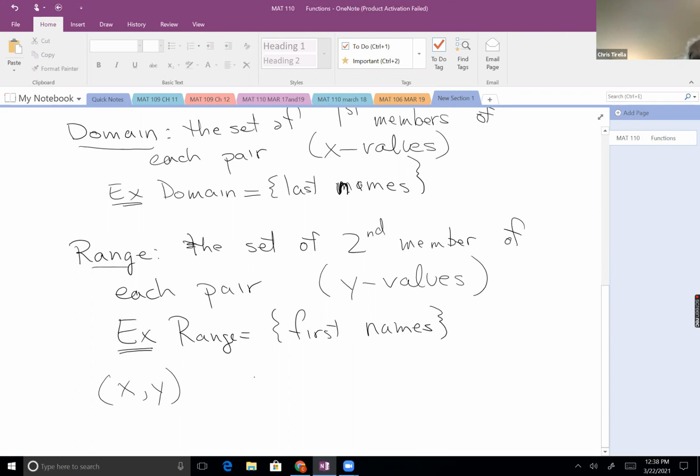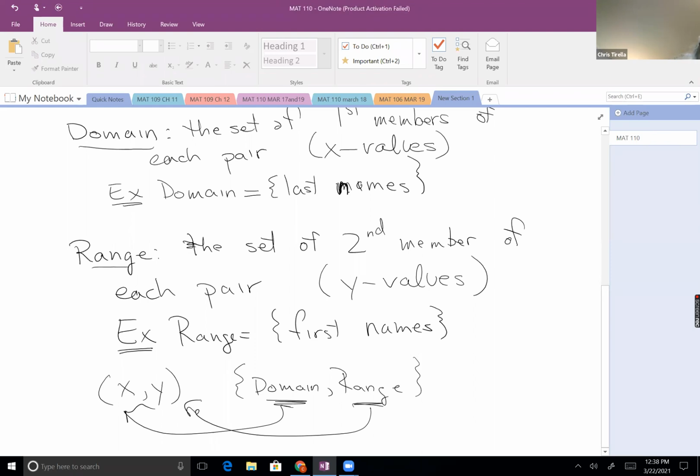So if I look at the words domain and range, and put them in alphabetical order, domain comes first. So the domain are the first members, range comes second, the range are the second members.